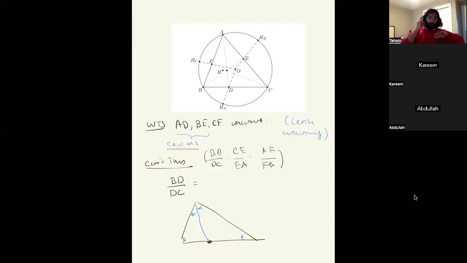Can we just name the angles? So it's A, B, C, X. This is beta, gamma, and let's say little x and little y.